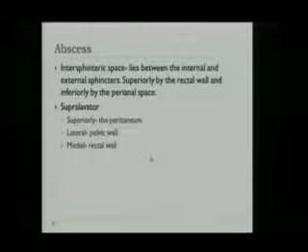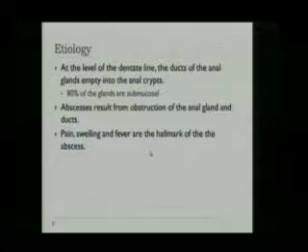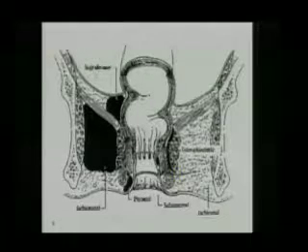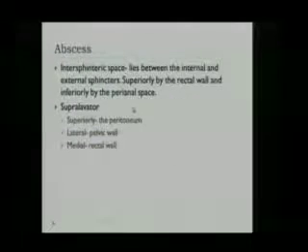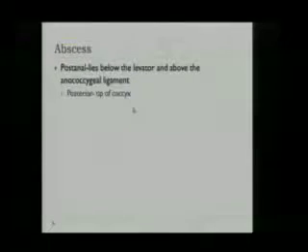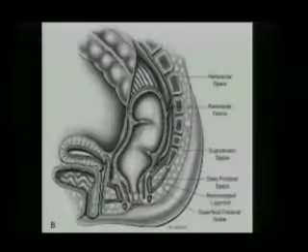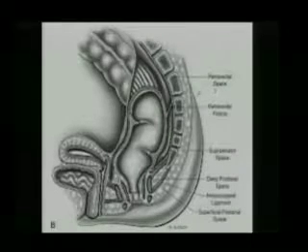And then supralevator, obviously, superiorly is the peritoneum, laterally the pelvic wall, and medially is the rectal wall. And the postanal space, this is below the levator and above the anococcygeal ligament. I couldn't get it to be nice and clear, but basically, postanal space is back here.